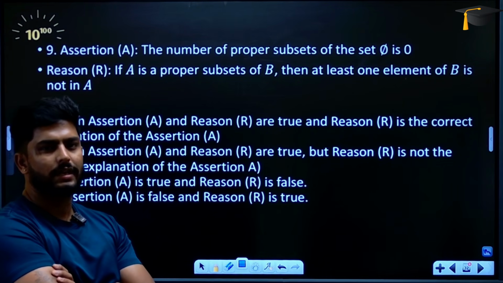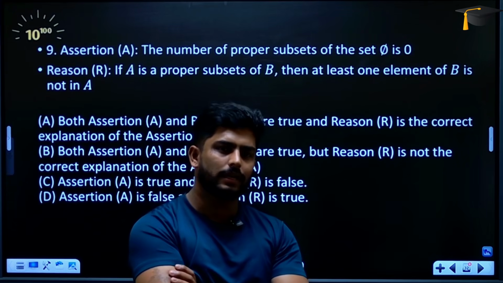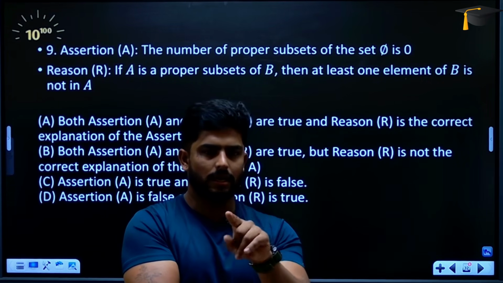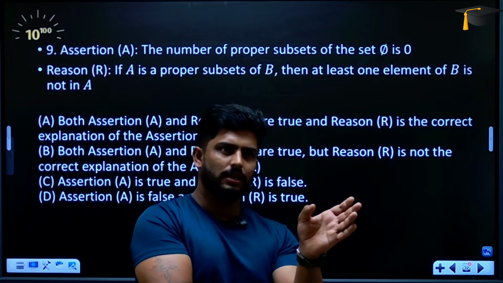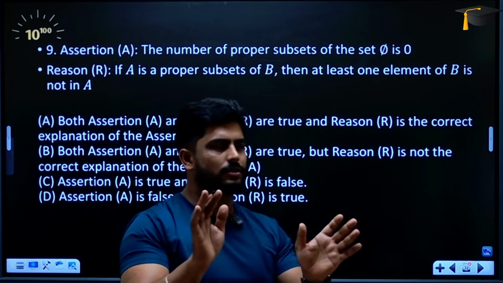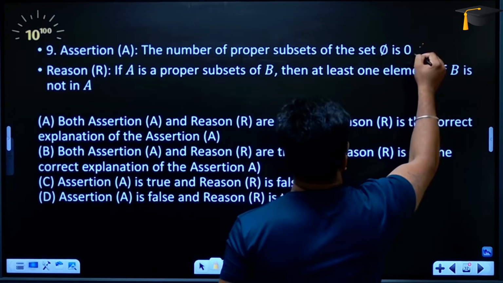No, it doesn't make sense, because for null set one set baradu, that is null set subset agirada. So proper subset anthelidre, it's actually a hypothetical question. So it's actually a wrong statement. Okay, statement 1 is wrong.